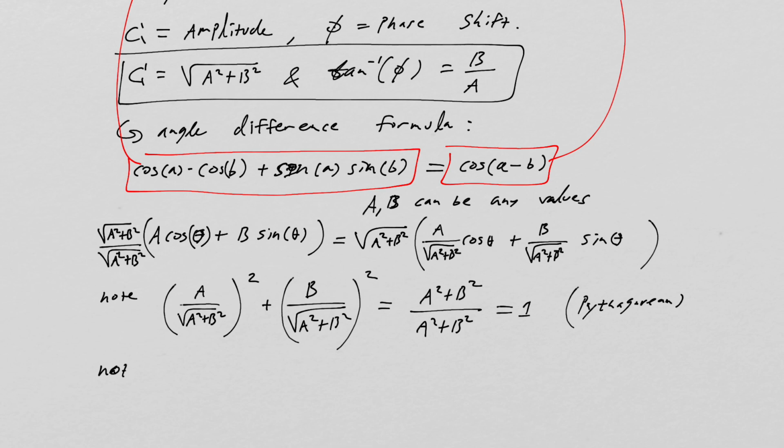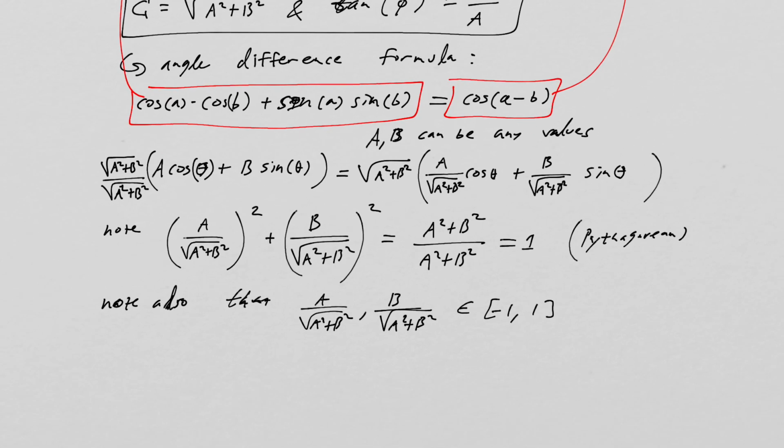And note also that a over the square root of a squared plus b squared, and b over the square root of a squared plus b squared, are in the interval -1 to 1 by definition of how they're structured, right?